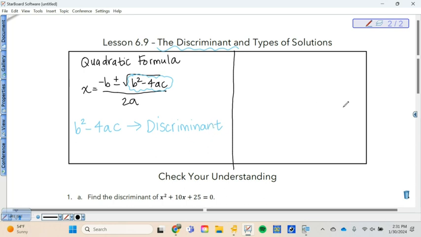So if b squared minus 4ac is positive, if it's greater than 0, then there are two real solutions, which corresponds to two x-intercepts.